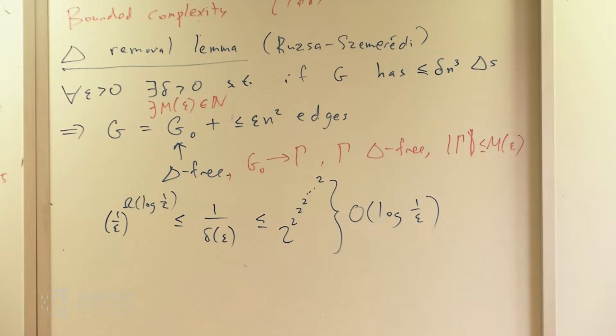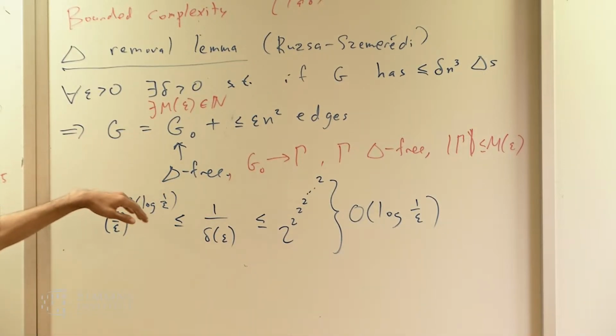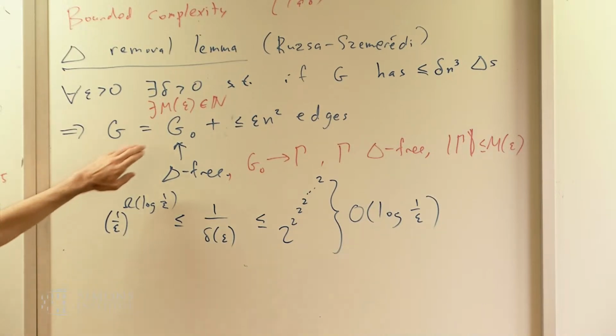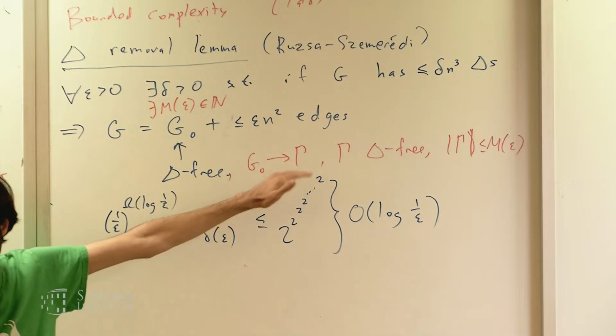So let me unpack what that means. Now I'm saying that my graph, not only is it some triangle-free graph plus a small number of edges, but in fact, that triangle-free graph has bounded complexity, like constant complexity depending on epsilon, meaning that in the same language as before, this G0 is really just itself a subgraph of a blowup of some constant size thing.